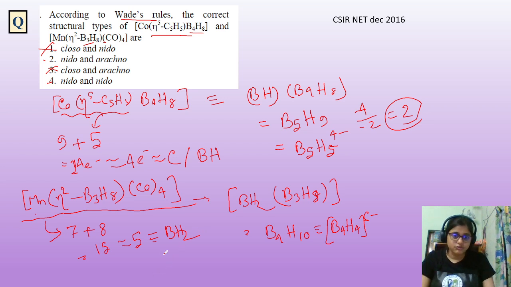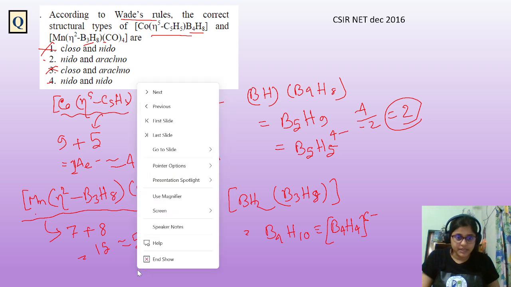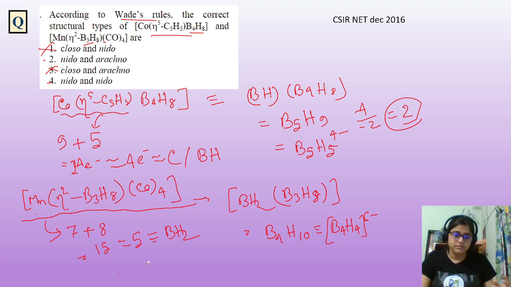So it will be like, okay, Mn has 7. Yes, like that way only we can solve.